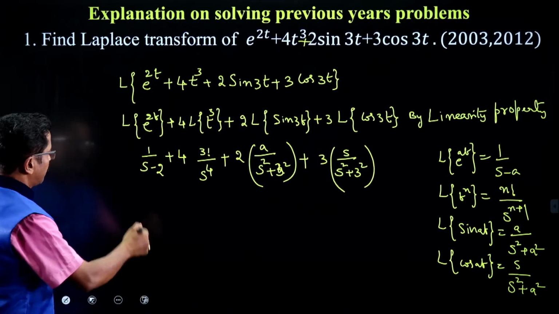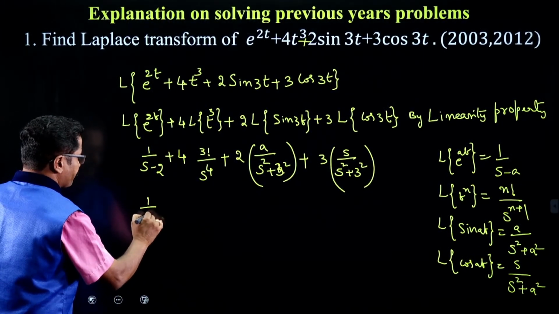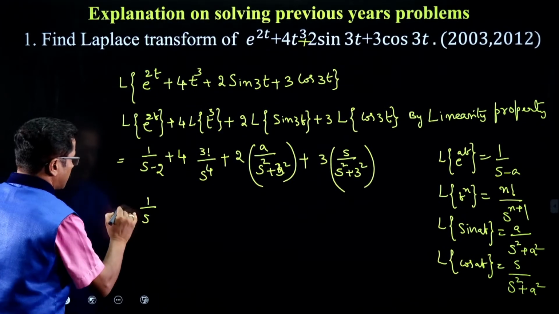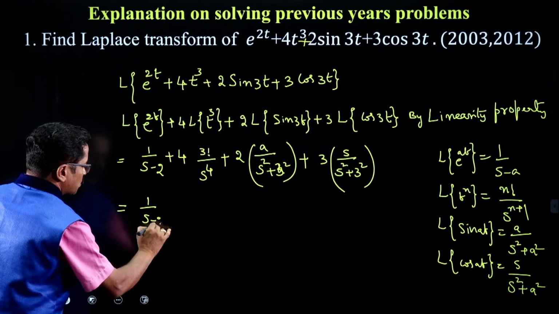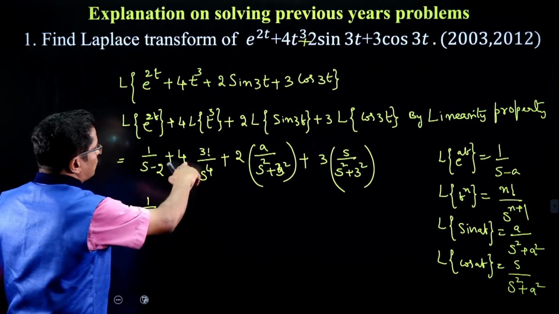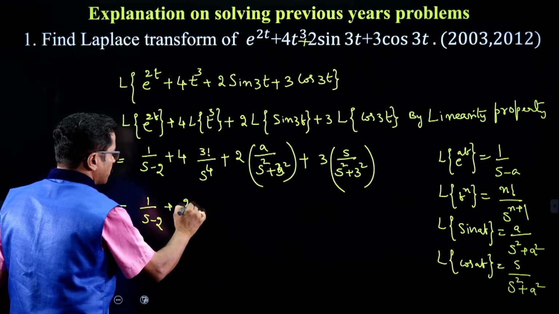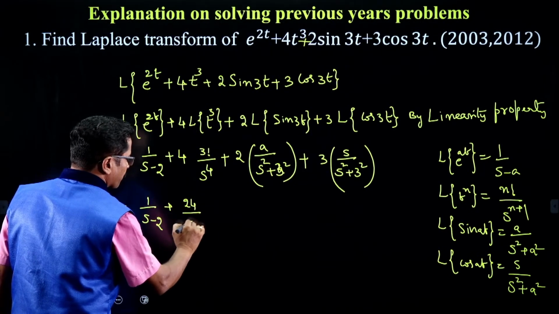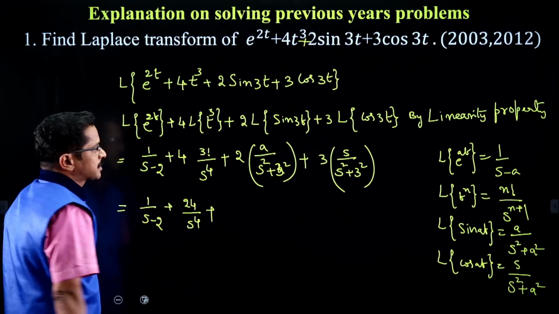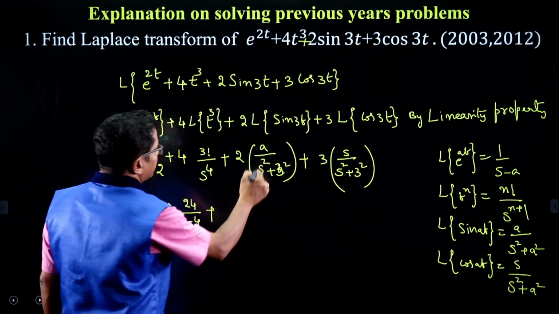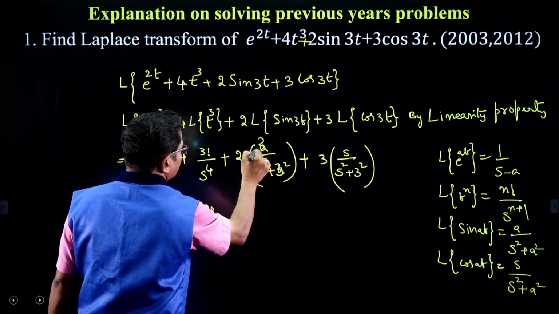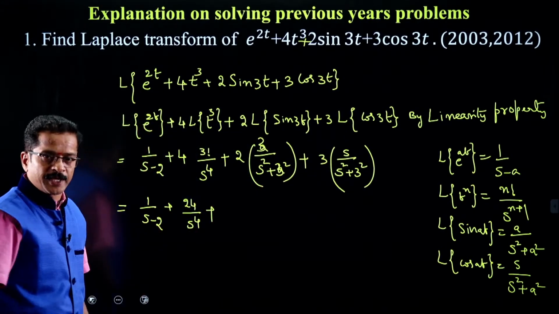Okay, now 1 by s minus 2 plus 3 factorial is nothing but 6, 6 fours 24 by s power 4 plus, in the place of a I have to keep 3.